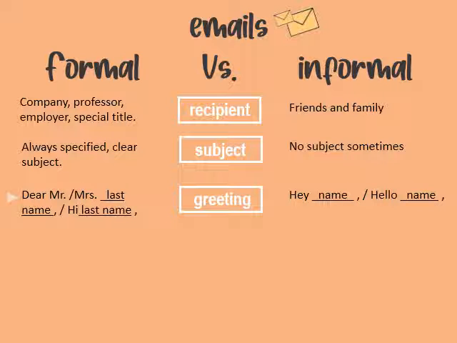For example, if the person is Johanna Wells, you have to say the last name. Dear Mrs. Wells. While in informal emails, you say the first name. We can say hey or hello. For example, with Johanna Wells. Hey Johanna or hello Johanna.